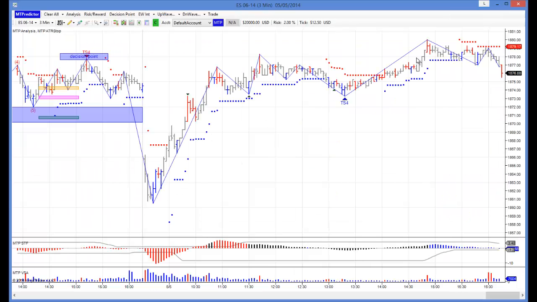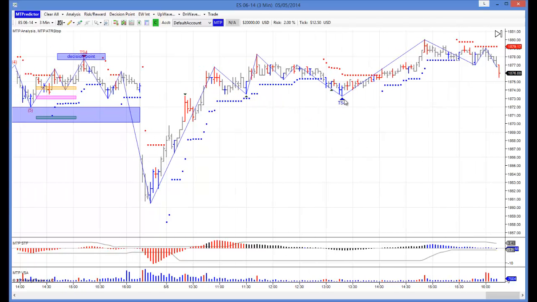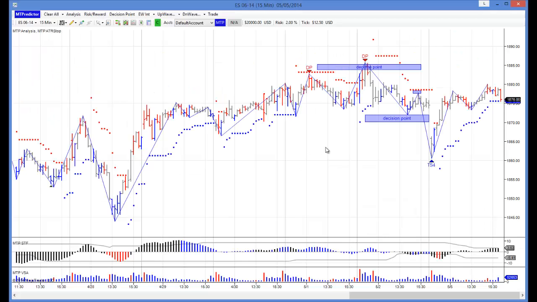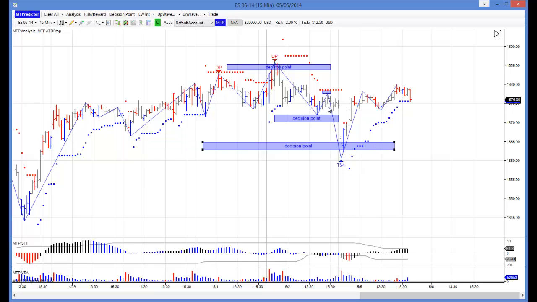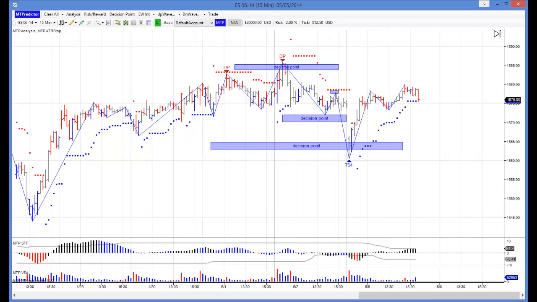So the day I was looking at here was Monday the 5th, where we had some nice buy setups, and in particular how we had the high of the day and the low of the day caught by our 15-minute DPs. I'll place those on again. You can just see those again.